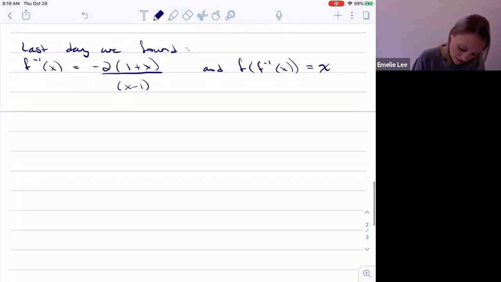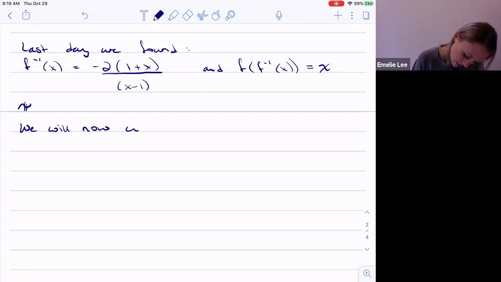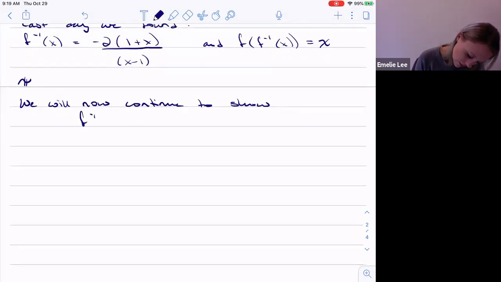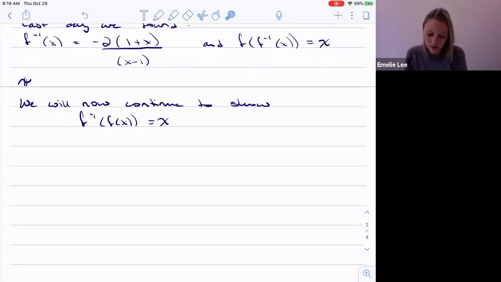So this is kind of where we ended off last day. So we will now continue to show that the inverse composed with the original function is also equal to x, right? That's going to be a nice warm up for compositions, and then we'll do another one where we have to find the inverse again, just for a refresher. And then we'll move on to chapter 3.